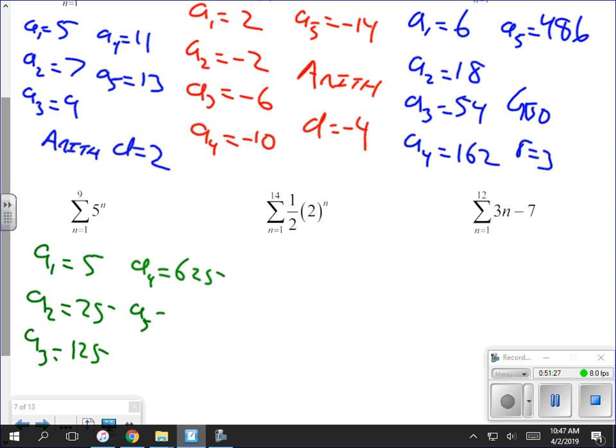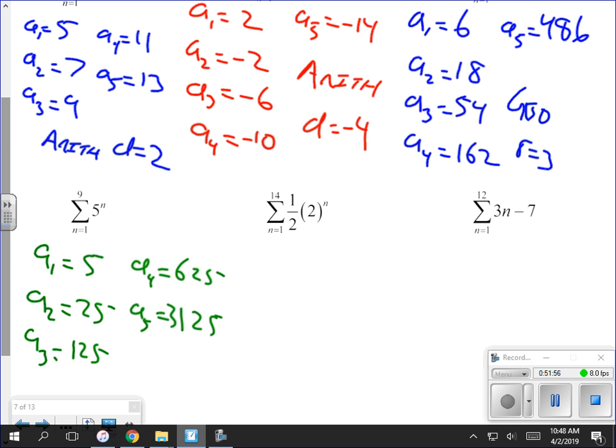A sub 5 is 5 to the 5th power. $31.25. Somebody check, make sure that I got that right. $31.25 for the 5th. Okay.